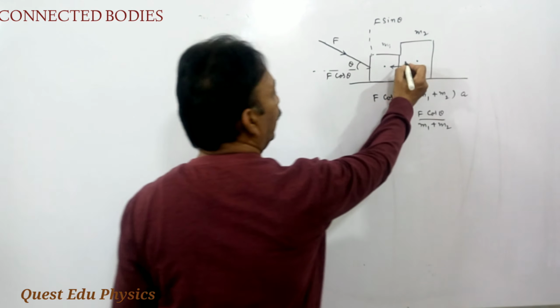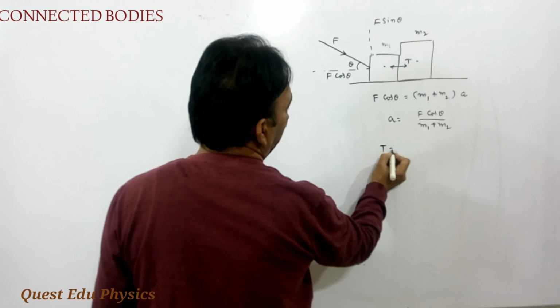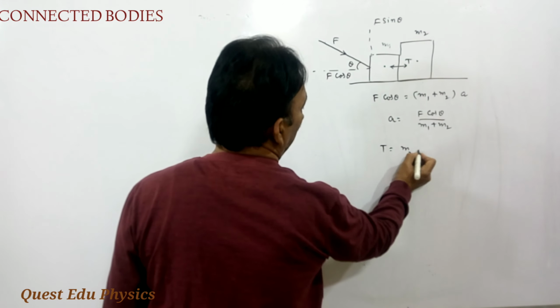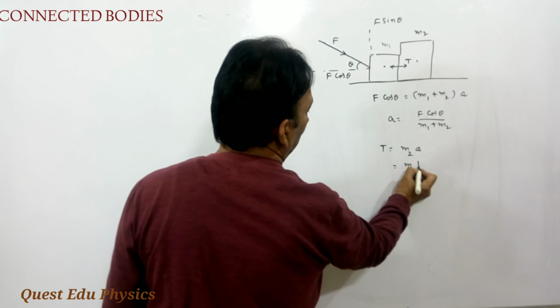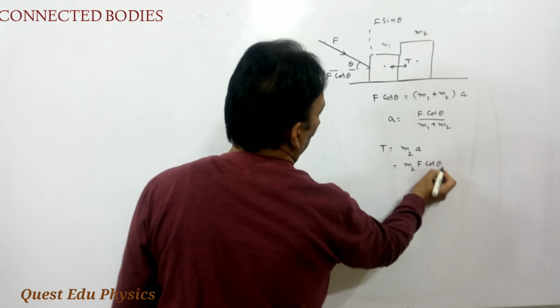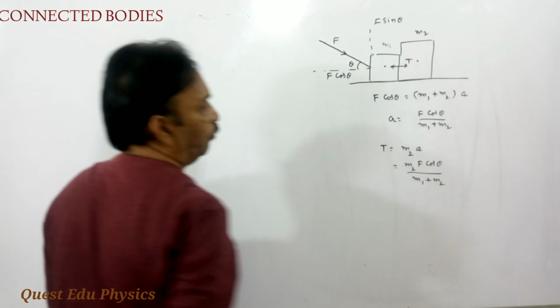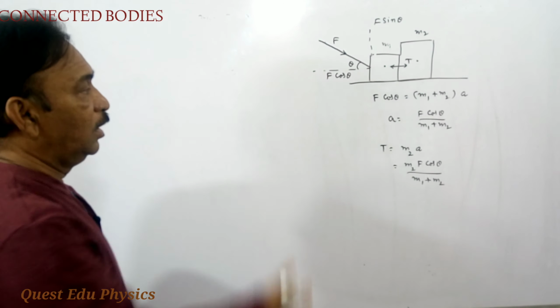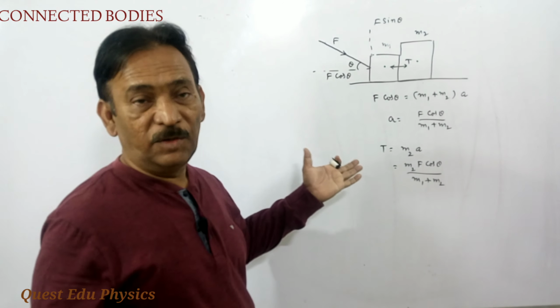In the same way we have to find out the contact force. As you know, T is equal to m2A, that is m2 F cos theta by m1 plus m2.